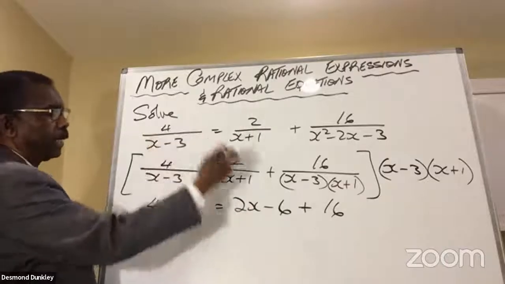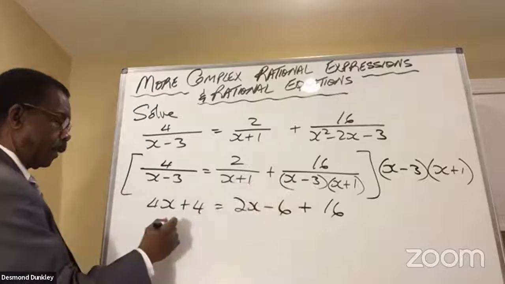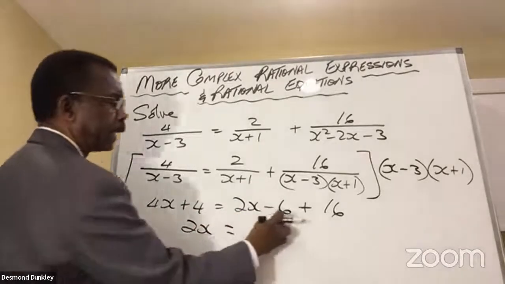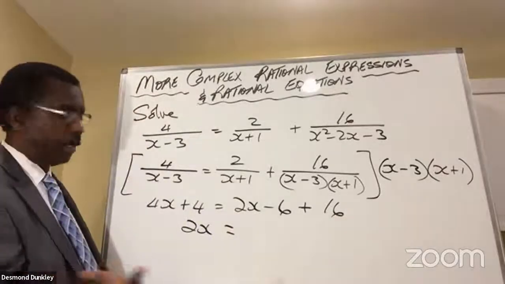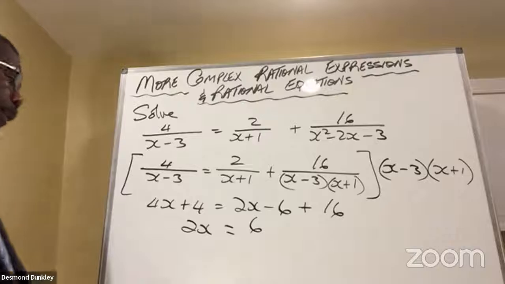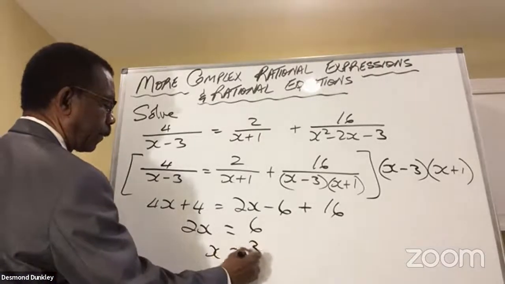Now, simple. Subtract 2x, remove the 4, so we end up with 2x equal to negative 6 plus 16 is 10. 10 take away 4 is 6. Okay? And therefore, x is equal to 3.